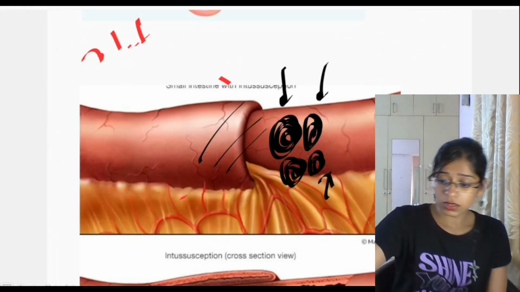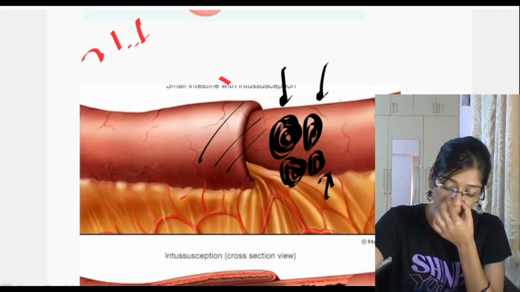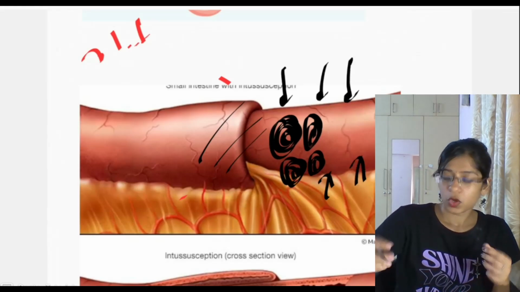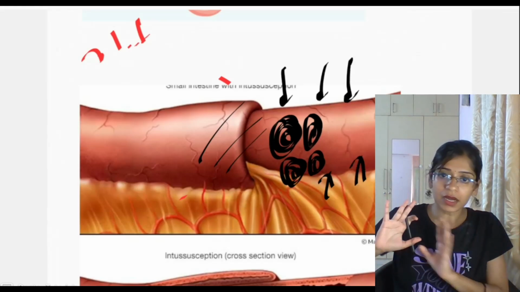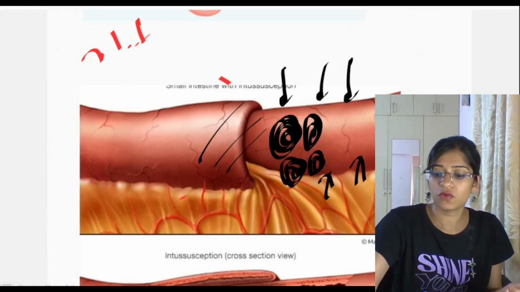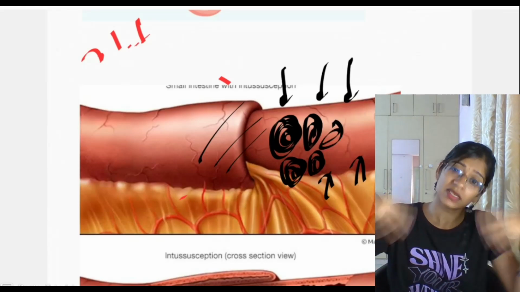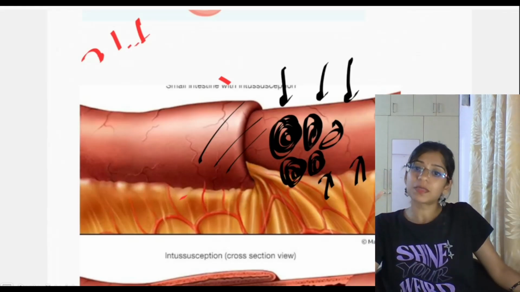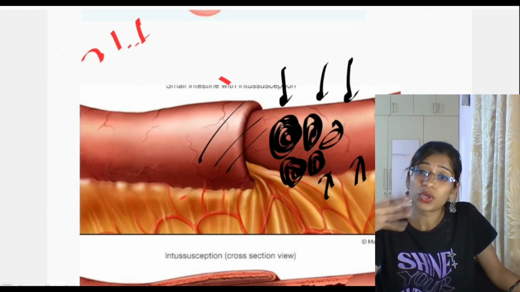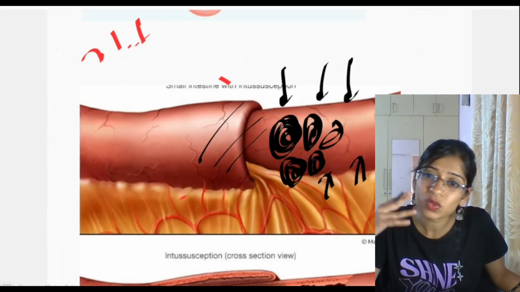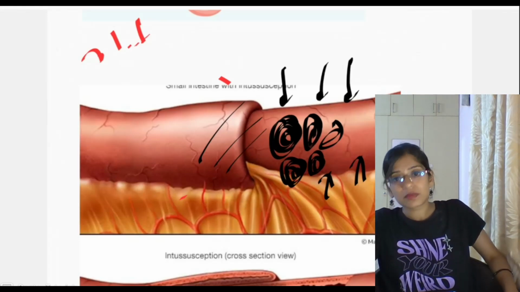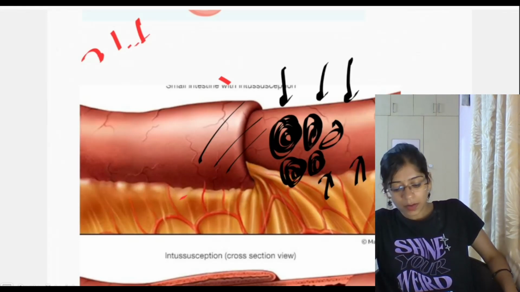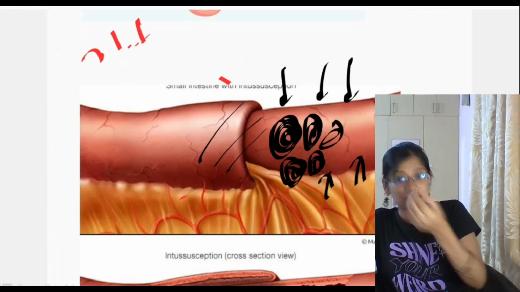You know what the intestinal muscles will do? They will cause more spasm in that area in order to push that food. Peristalsis and spasm increase to push the food particles. When this excessive spasm occurs, the child is going to have pain. That is one clinical feature, colicky abdominal pain. Colicky abdominal pain means intermittent severe pain.